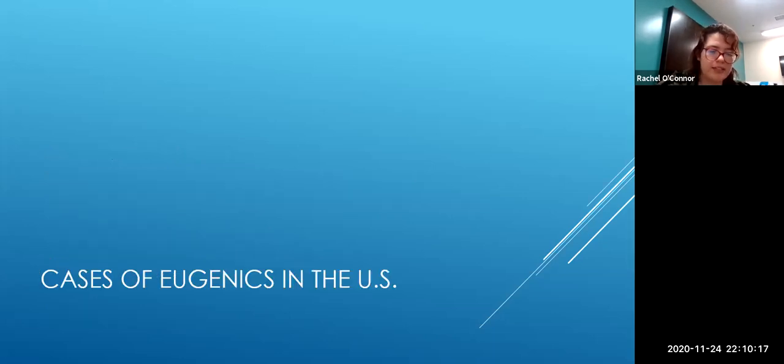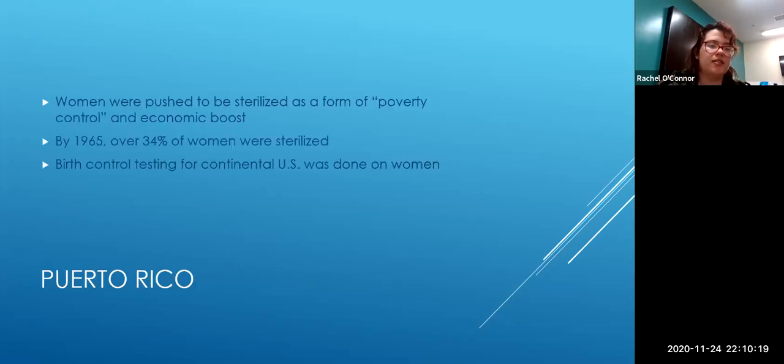So we're going to look at cases of eugenics in the United States, and one of them that we're going to talk about is Puerto Rico. When the U.S. came into control of Puerto Rico, they saw it as a low GDP economy, and so they put sterilization forward as poverty control.